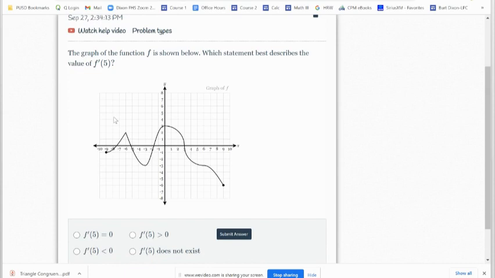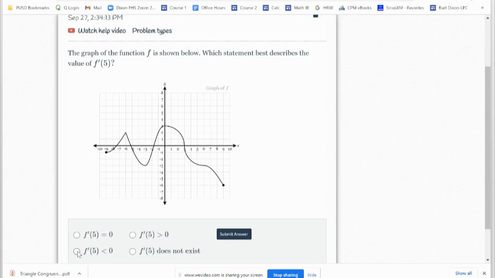F prime means derivative, which also means the slope of the curve. So if we go to x equals 5, right here where my cursor is, we want to estimate the slope there. And the slope looks like it's a negative number. You can kind of imagine a line drawn like this that's just tangent at x equals 5, and that has a negative slope.